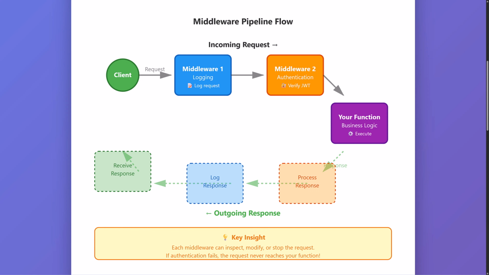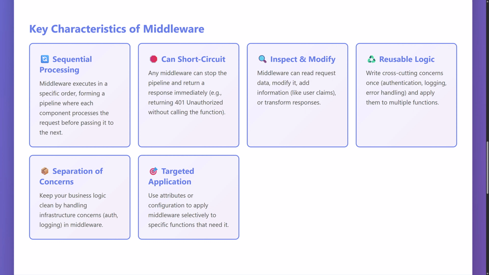The key insights are that each middleware can inspect, modify, or stop the request, and if authentication fails, the request never reaches your function.